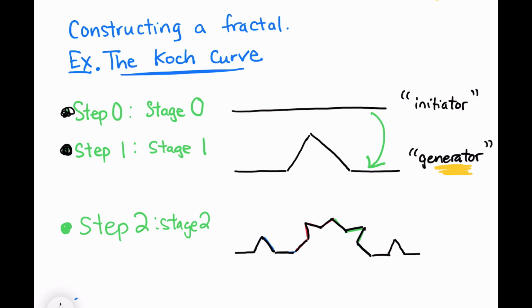If I draw this stage in one color for you, now written back in black, this is basically what it would look like. If we were to do step 3, or stage 3, that would be difficult for me to draw. This is about the extent of my drawing skills.